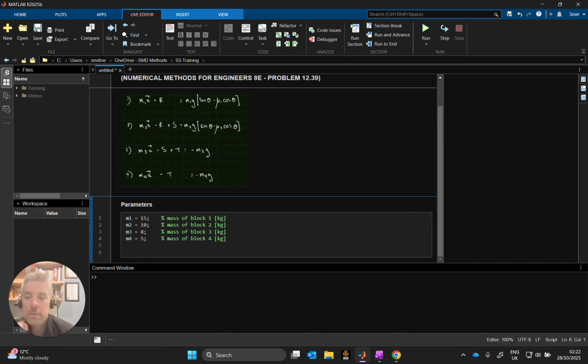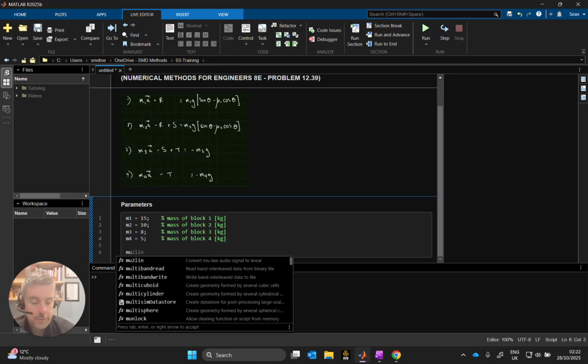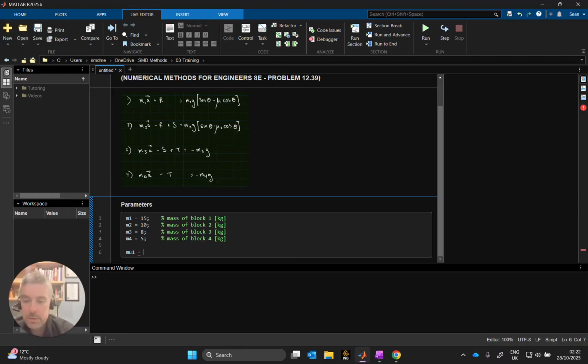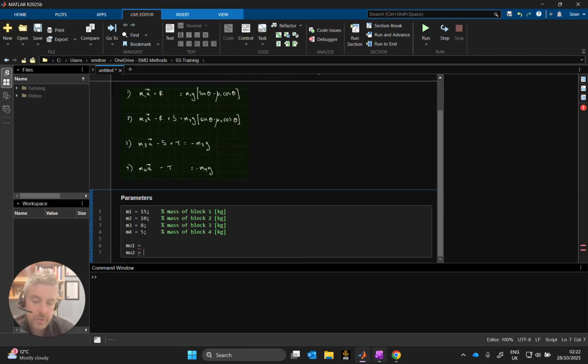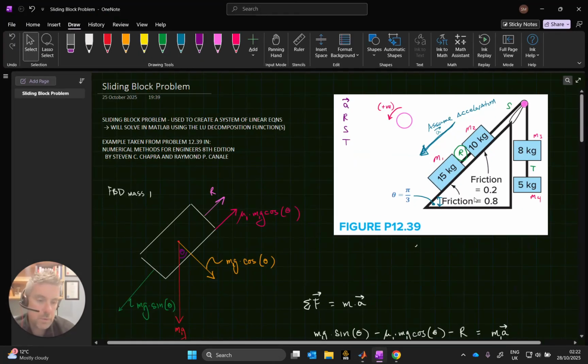Now the next thing we'll do is put in mu. If I can recall correctly, mu1 on block 1 is 0.8 and then 0.2.